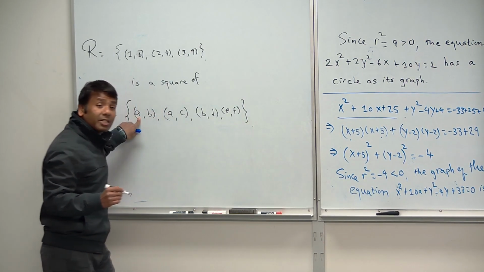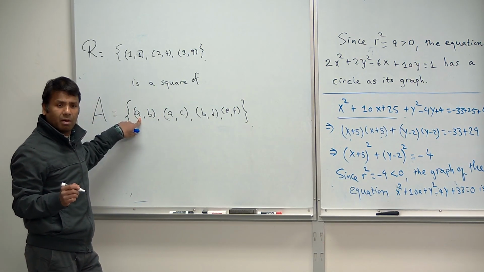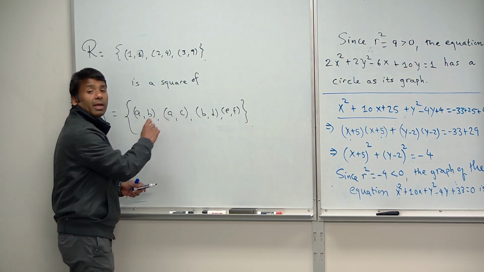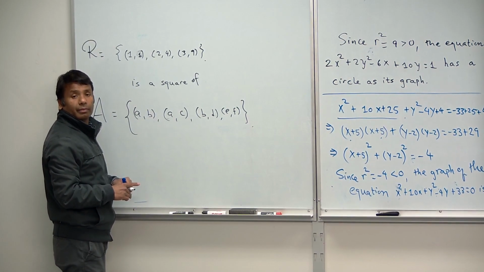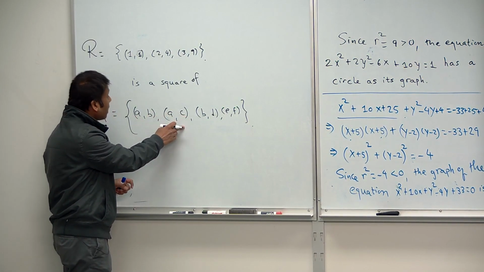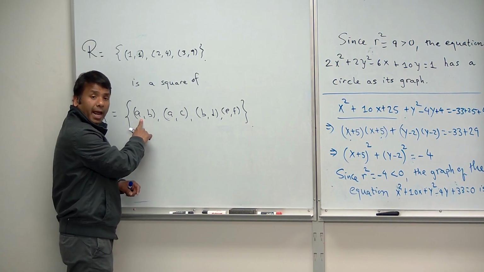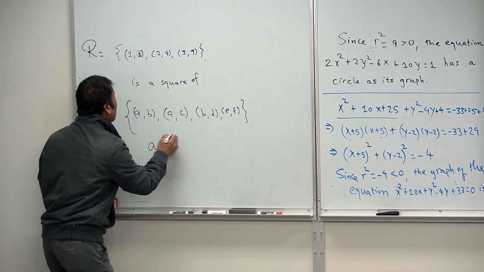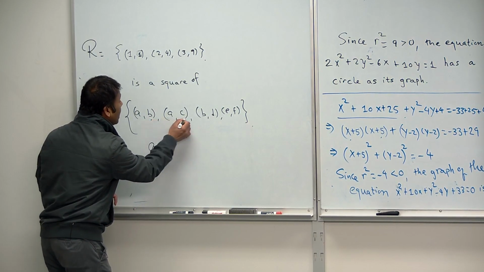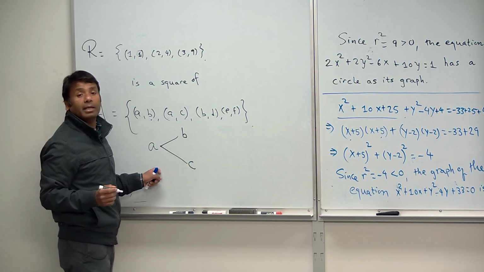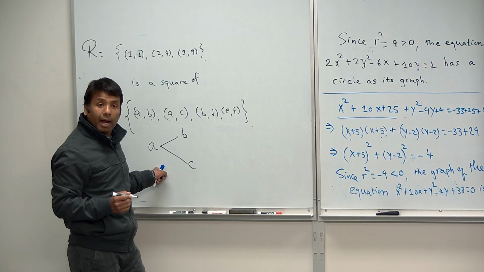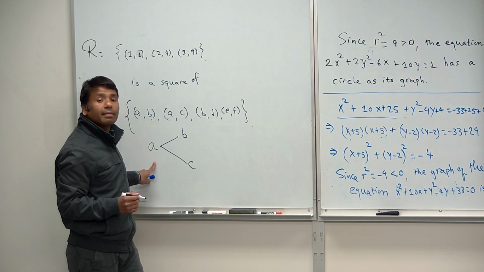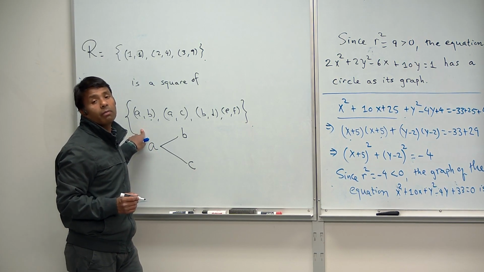Now look here. For the x component a, how many y components are there? Is there only one? No, have a look: there are b and c. That's why this relation is not a function.